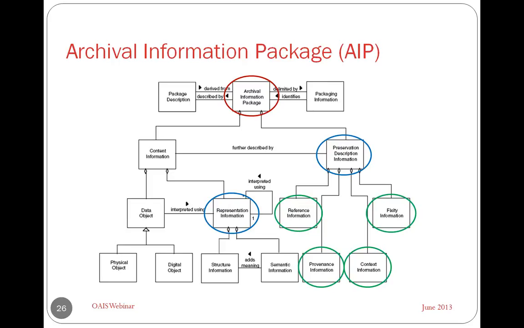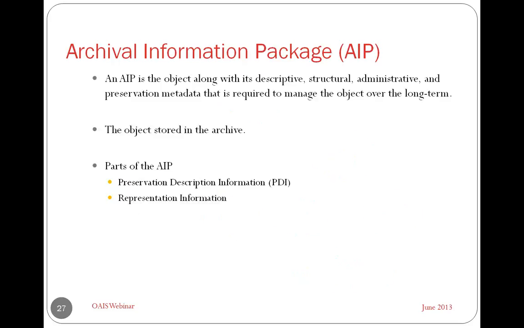So now we're going to focus on the middle part. This is what happens in the Archives section, or the AIP. An Archival Information Package, or AIP, includes the content information plus the preservation description information. Remember that the content information includes the object itself plus its representative information.